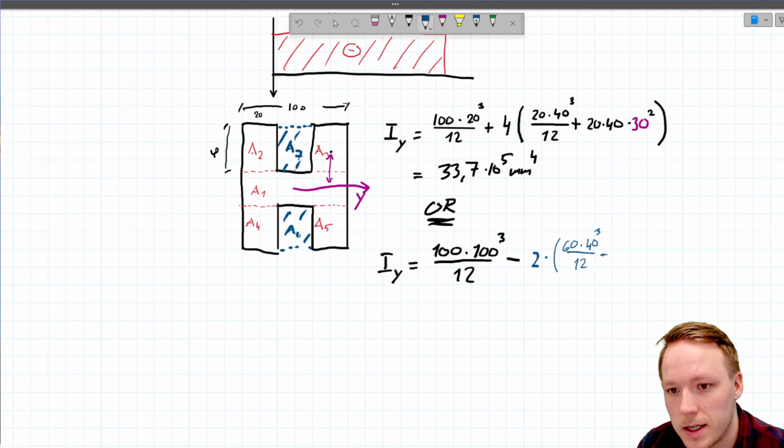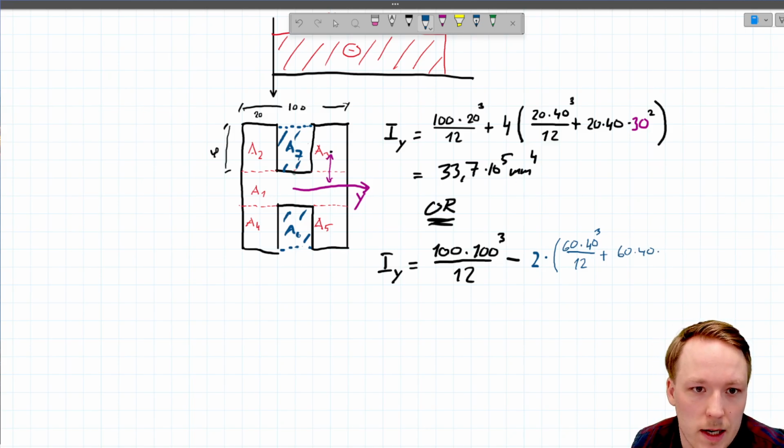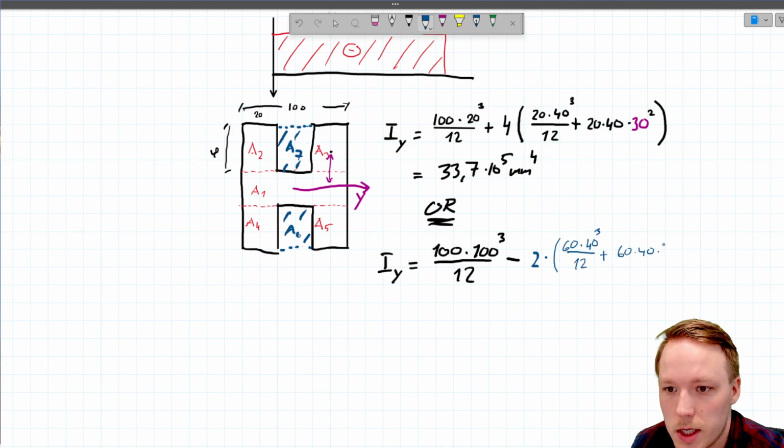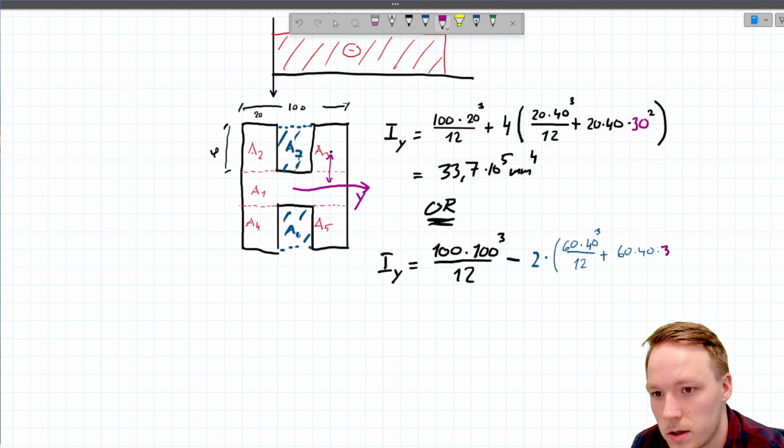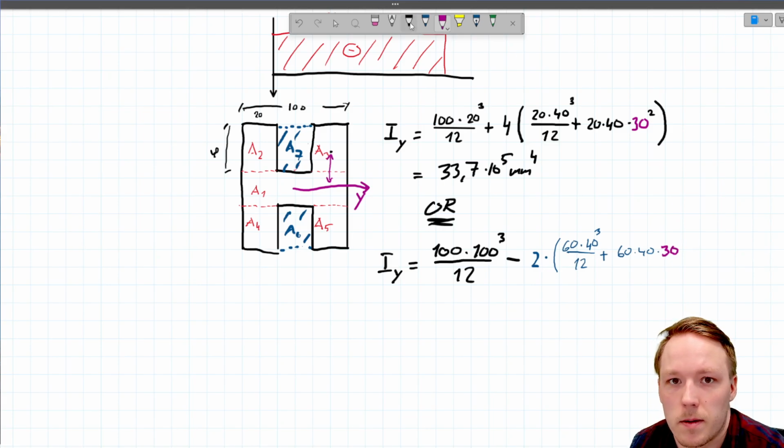And then we would add here the standard term, which is area multiplied by the distance from neutral axis to neutral axis of the entire profile, which is the same 30 which was previously, and that one power to 2.